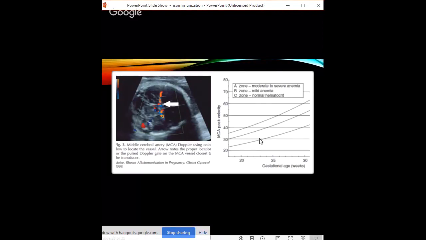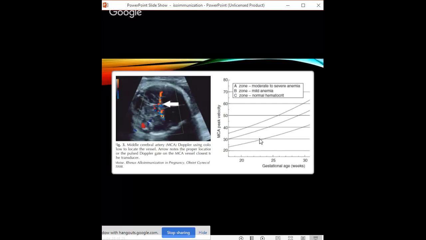If you think in terms of multiples of the median, or MoM, you can plot the systolic velocity, and if you have more than 1.5 multiples of the median, significant fetal anemia is suggested. That's an indication to do further testing to confirm fetal anemia and to potentially transfuse.